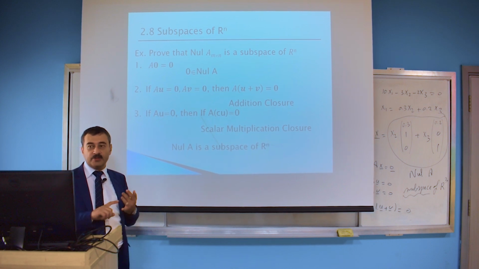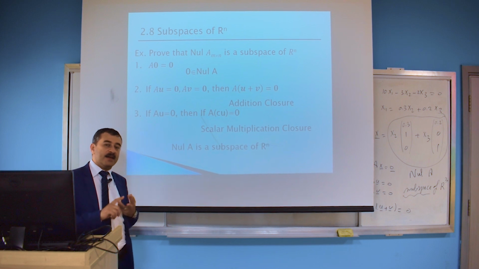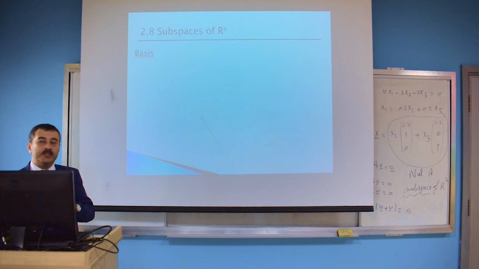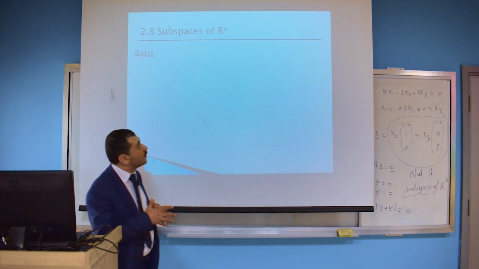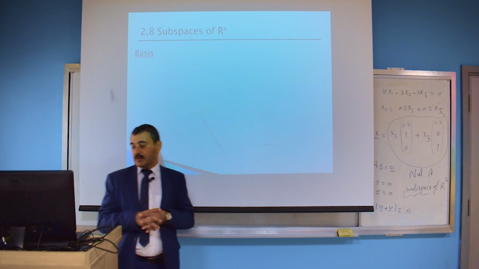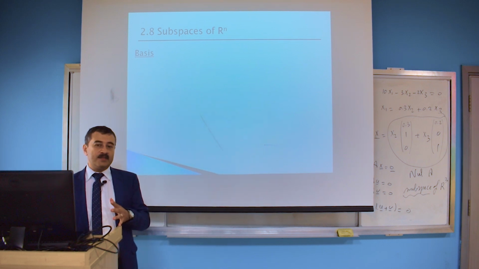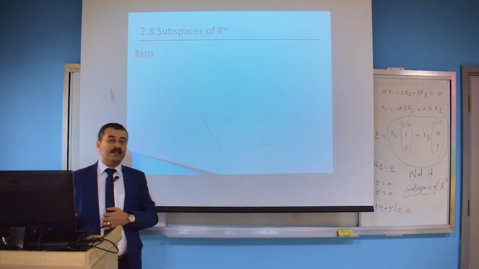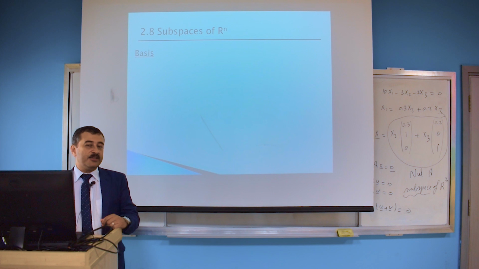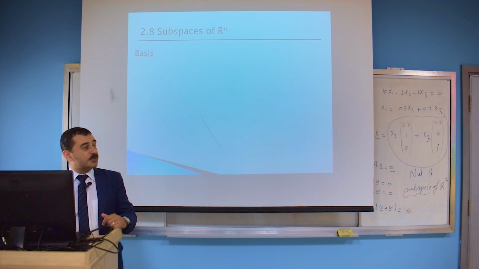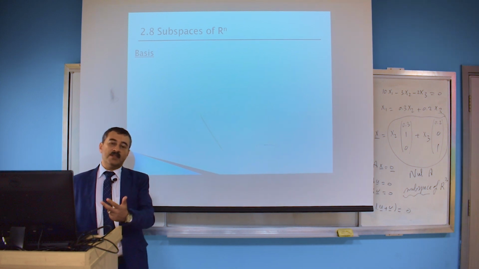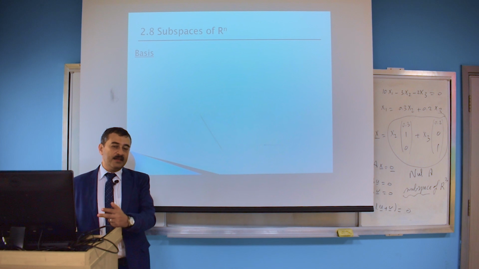Okay, so we defined actually the column space, the row space, and the null space of a matrix. So let's find for each subspace what is called the basis for the subspace. Do you know what is the basis of the subspace or for any space? Basis of R3, i, j, and k, right? These are actually the standard basis for R3. So what are the conditions for a set to be a basis? It has to satisfy two conditions.